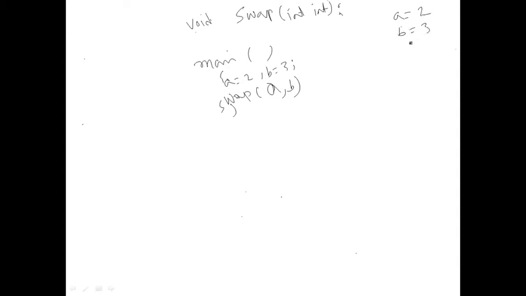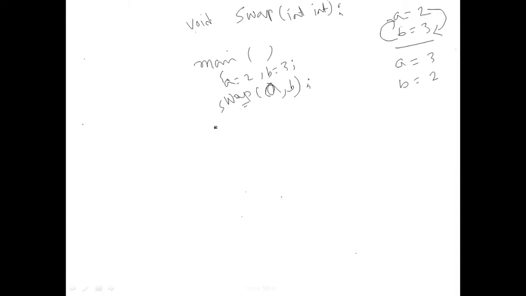Swapping means the effect of the program will be that a will be 3 and b will be 2. The value of b will be placed in a and the value of a will be placed in b. The values will be interchanged. After swapping, the program is not over.